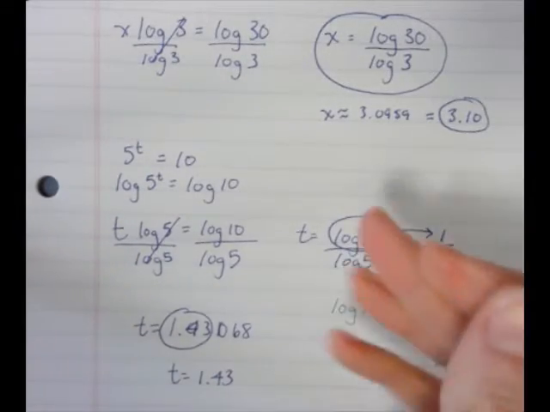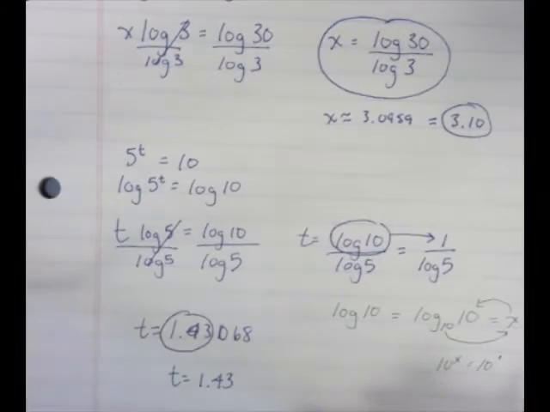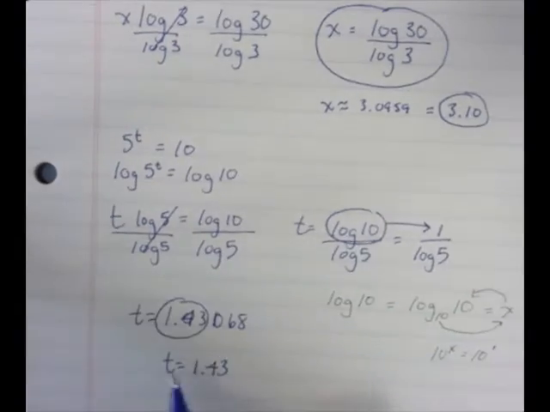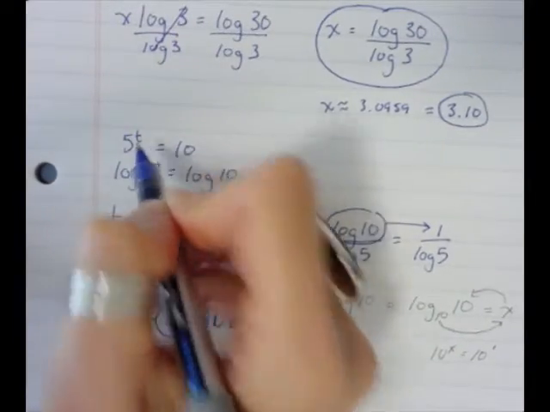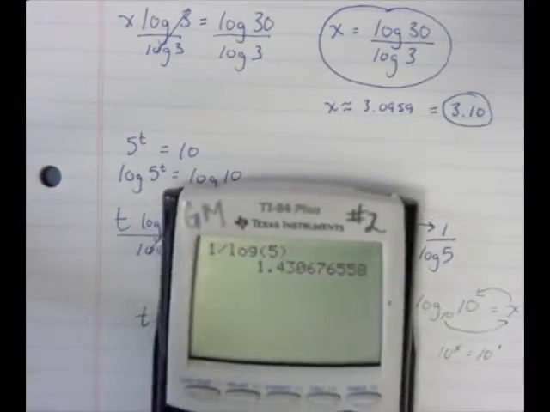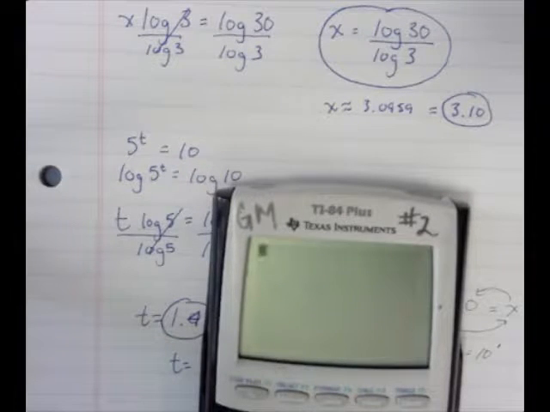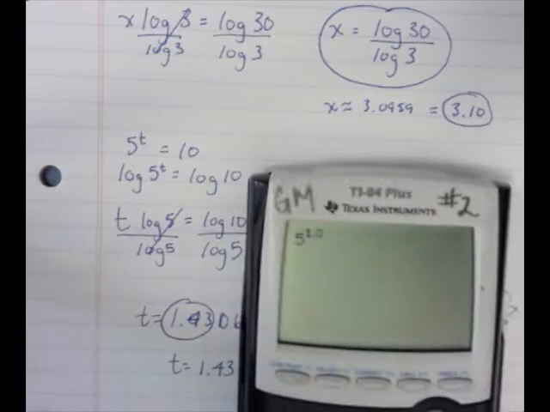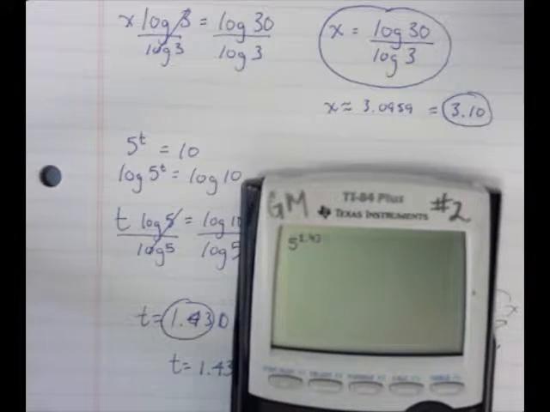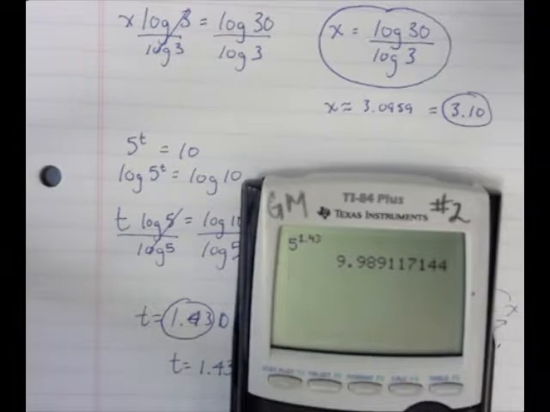How do we check those? Well, we could go back and check these by putting the t into the equation. So in my calculator, I can write 5 to the 1.43, but we're not going to get exactly 10, but we should get something close to 10, right? The reason we're not going to get exactly 10 is because we didn't use the exact number for t.